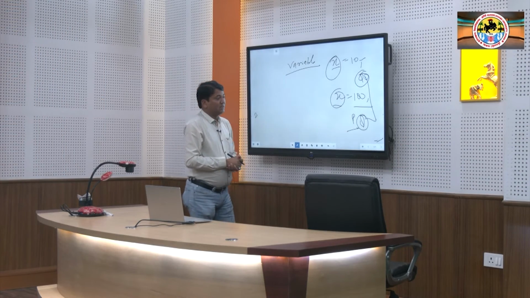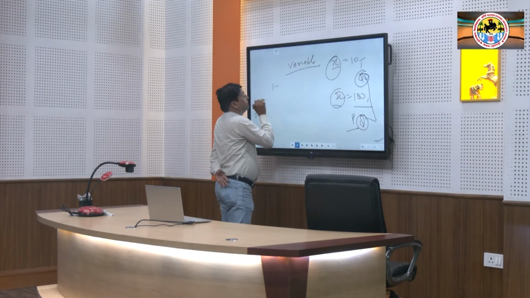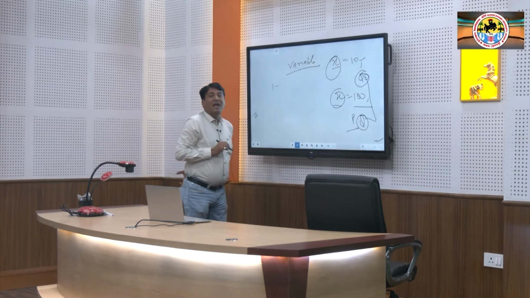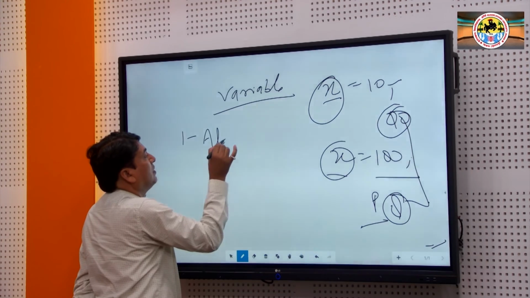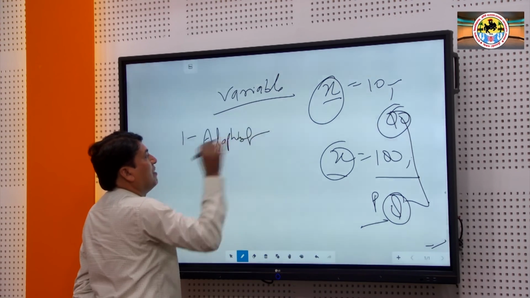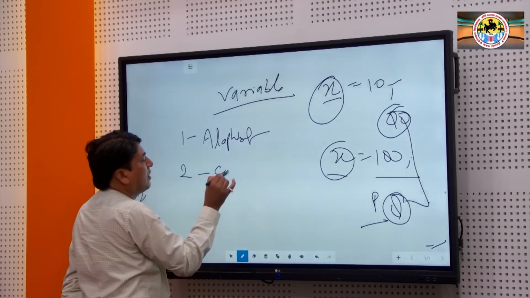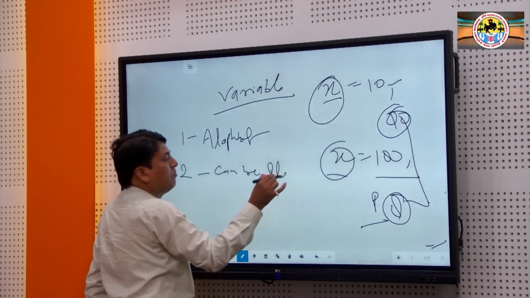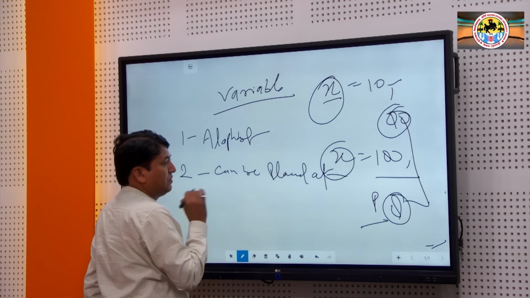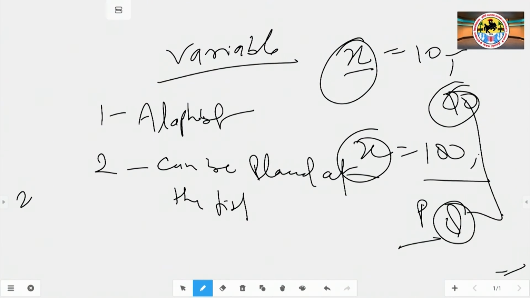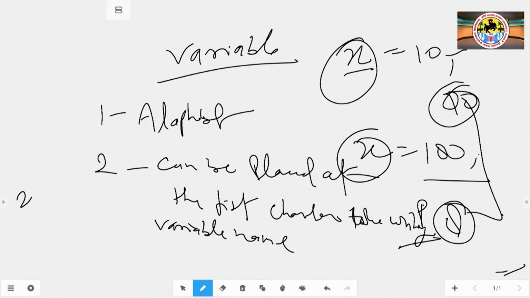The instruction is as follows: a variable name should start with an alphabet. Only the special symbol underscore can be placed at the first character when writing a variable name.